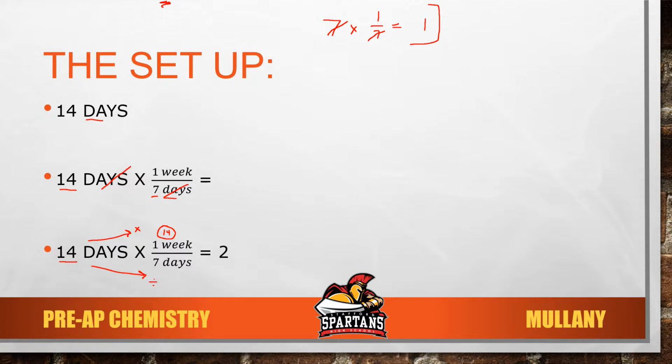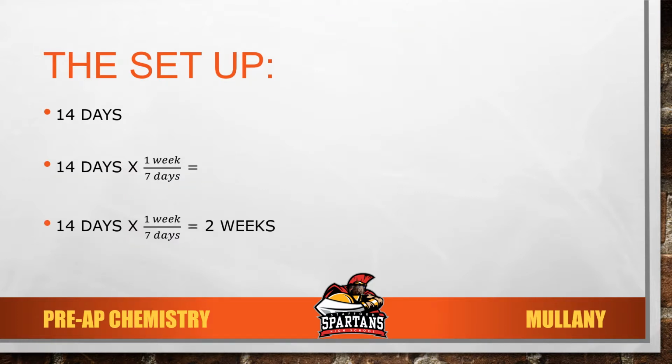See, so the unit matters. It matters a lot sometimes. So always, always, always write down your units, especially in science. So there's your answer: 2 weeks. Always write your unit down, please.